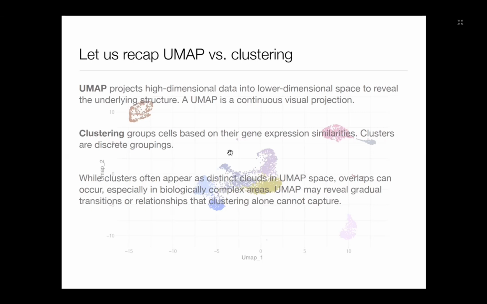It's a continuous visual projection. Clustering groups the cells based on their similarities. So these are discrete groupings. In general, I think they mostly agree with each other, but especially in biologically complex areas, they can also disagree. And with the UMAP, we might find gradual changes that we cannot see with the clustering.